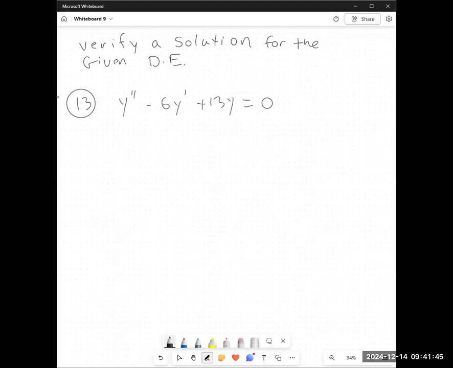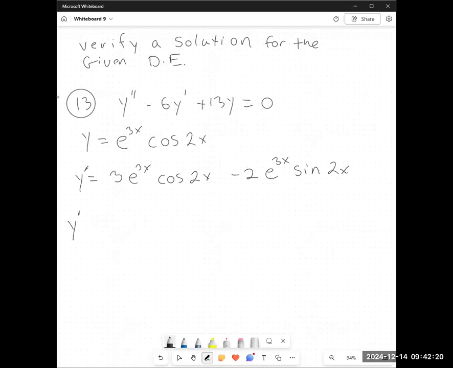In our original or given solution here, we're going to need to find the first derivative and the second derivative of that using our product rule. So that's y prime, y double prime.